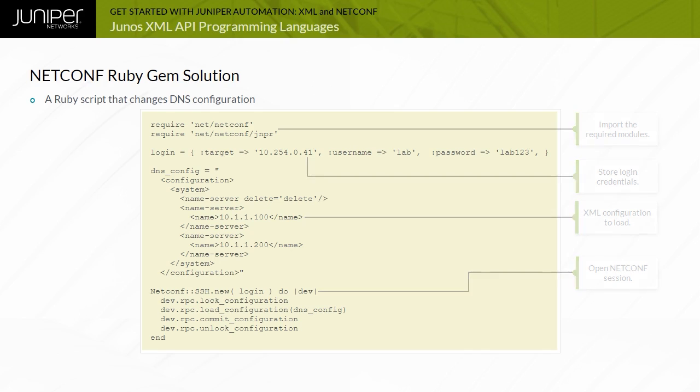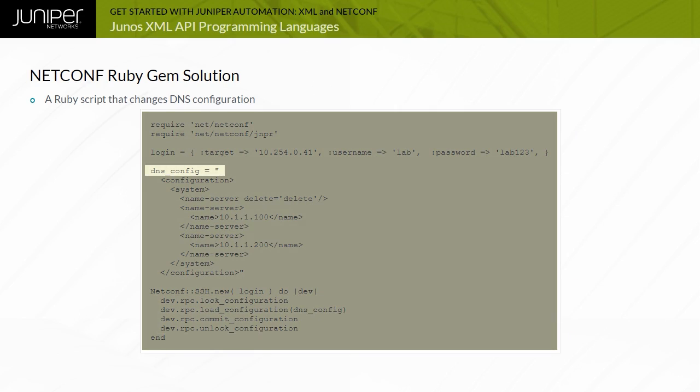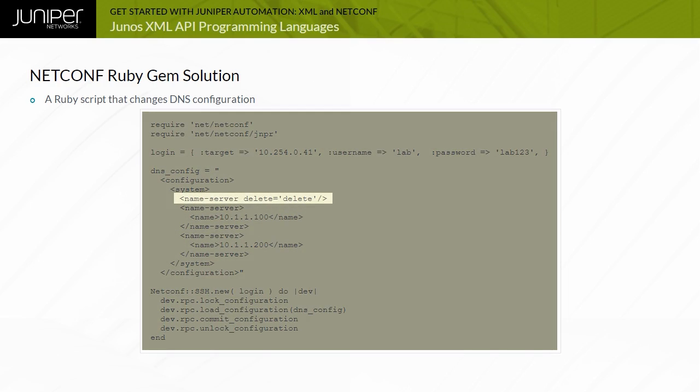This example script uses additional RPCs to lock the device configuration. Load the new configuration using an XML formatted data variable called DNSConfig, commit, and unlock the device configuration. Existing DNS settings are removed using the nameserver delete equal to delete XML element.